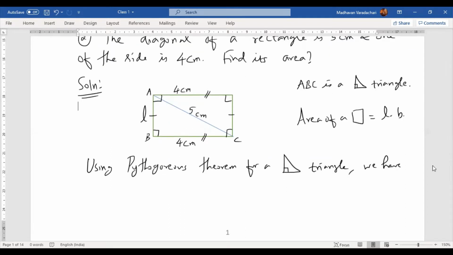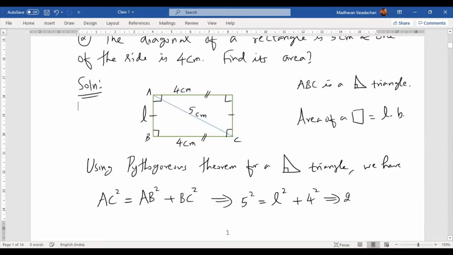We have hypotenuse square is equal to adjacent square plus opposite square, means AB square plus BC square, which means we can say 5 square is equal to L square plus 4 square. So that can be rewritten as 5 square equal to L square plus 16, or L square is 25 minus 16, which is 9.